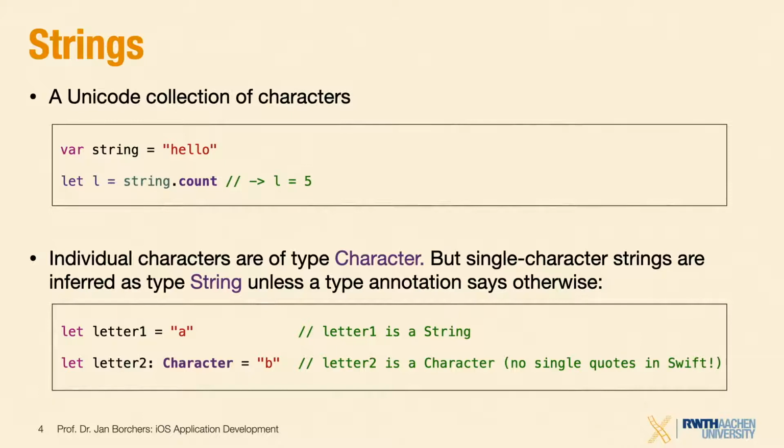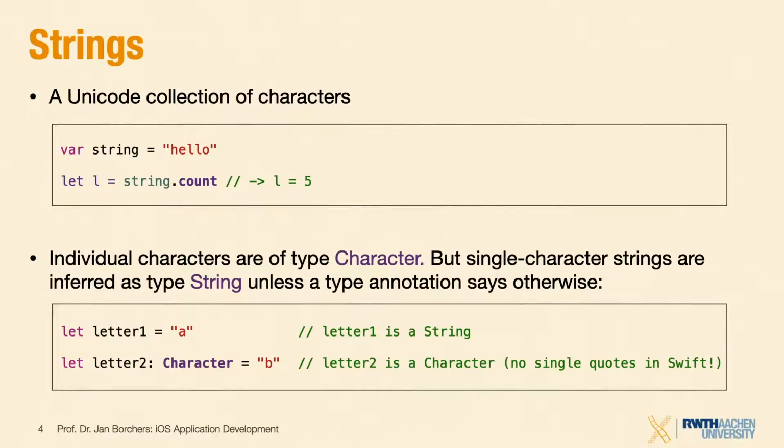Now, what's also different about Swift from what you might be used to in other languages, especially C-based languages, is usually you have strings, you use double quotes, right, for defining a string, and then you've got character as a different data type, and it's like a single quote thing, and you can clearly distinguish the two. Now, character also exists in Swift, and you can define a character. If you have an individual character, you can make that of type character, but single characters are most often actually strings in practical use.